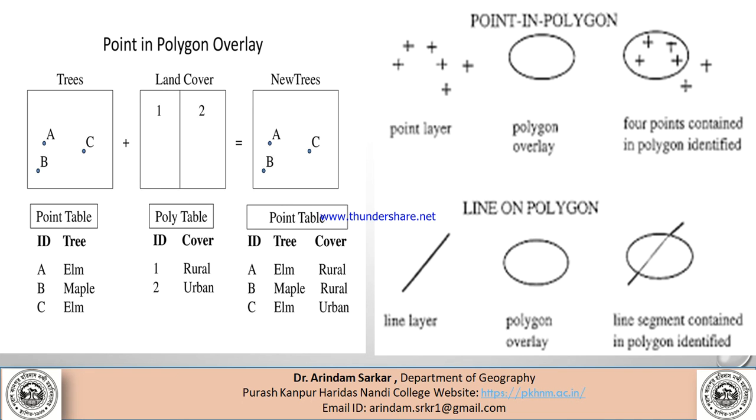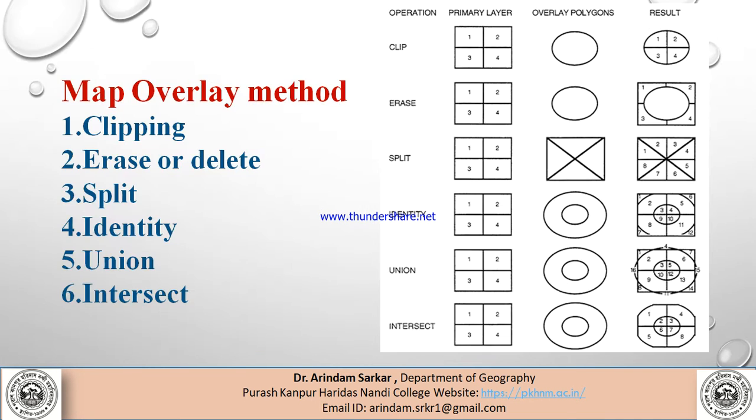Here the picture is showing this point in polygon overlay. Now, what are the map overlay methods? There are 6 map overlay methods. One is clipping, another one is erase or delete, third one is split, fourth one is identity, fifth one is union, and last one is intersect.